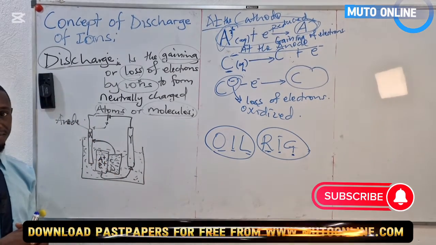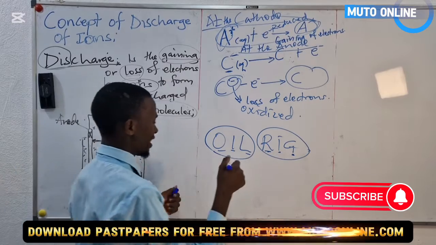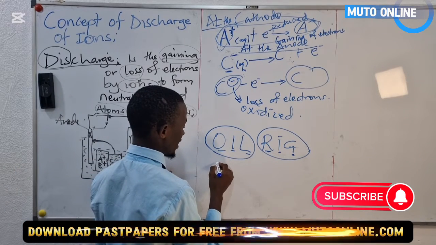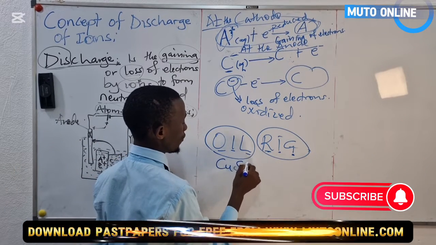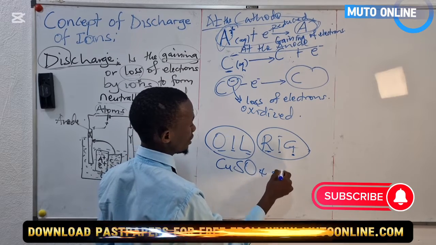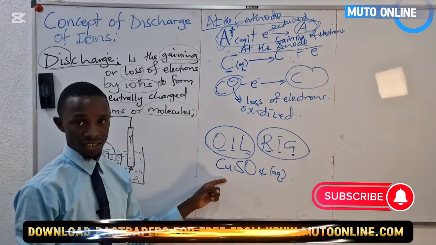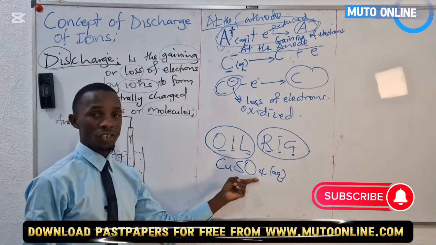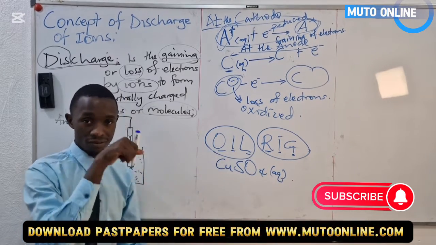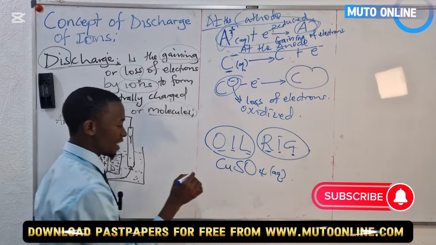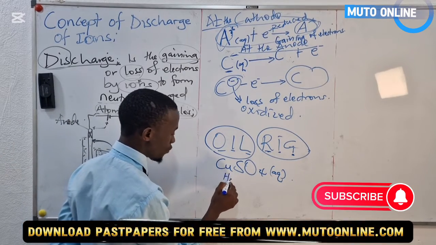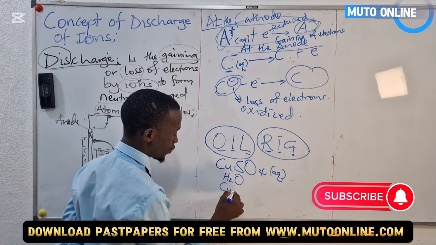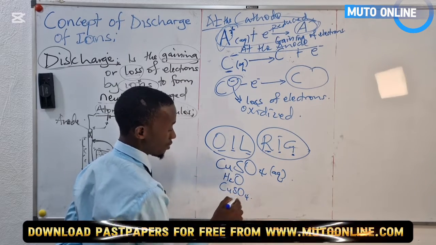Because we previously saw that if the electrolyte is copper 2 sulfate solution, this is a solution in aqueous state. Being aqueous means this copper 2 sulfate solute was dissolved in water. This means in this electrolyte, there is both water and copper 2 sulfate.